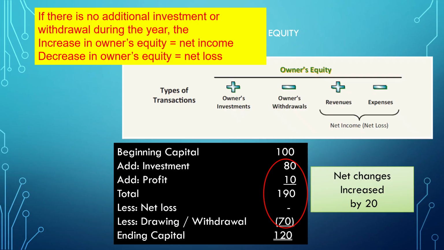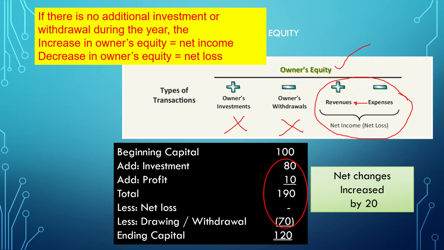In our problem, it states that there's no investment and there's no withdrawals. Therefore, only revenues and expenses affects the owner's equity. And the question was if you have income or loss. Take note that you can get net income or net loss by subtracting your expenses from your revenue, right?